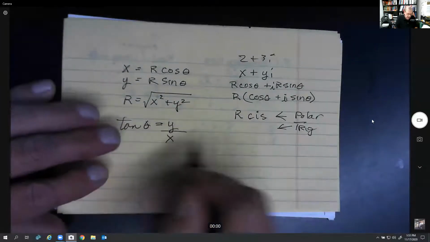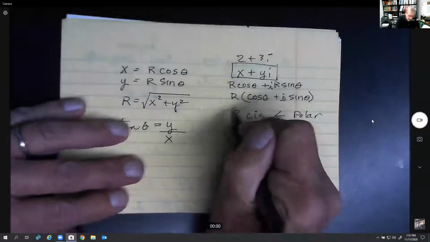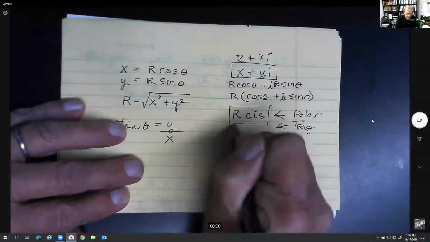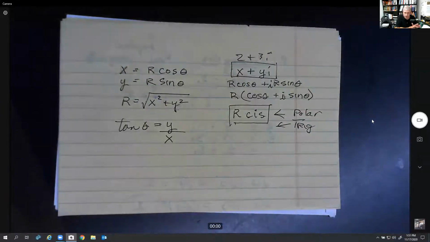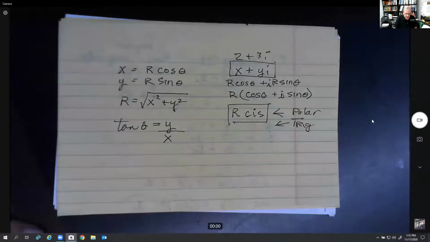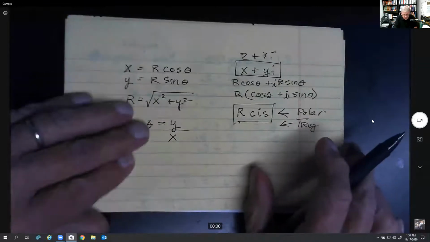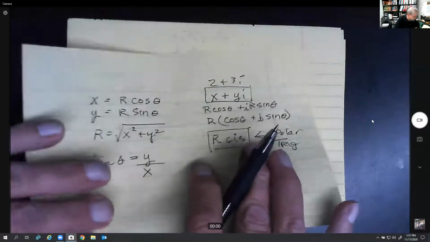So a complex number could be written this way, or it could be written this way. This is what we call algebraic form or standard form, and this is what we would call polar form of the same number. So what you're concerned with in this chapter is, how do you switch from one to the other? We want to figure out how we can change from one to another.